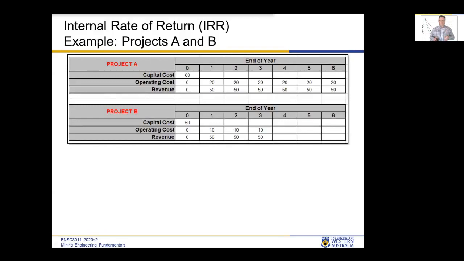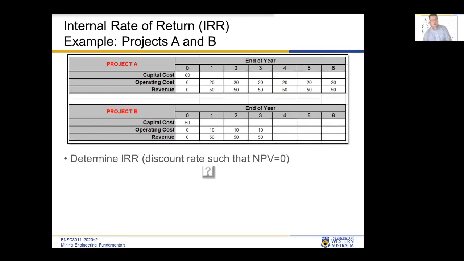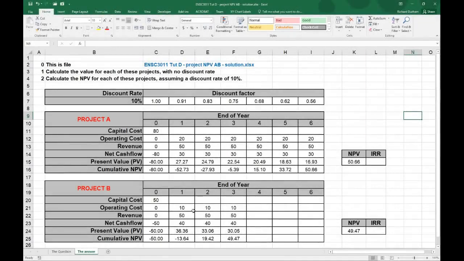So if we go back to our project A and B, if I said it's a discount rate such that net present value equals 0, so the easiest way, the engineer's approach, is to take your Excel spreadsheet and just vary the discount rate until you get a net present value of 0. So here's my spreadsheet, and I've calculated NPV as just the sum of the present values.